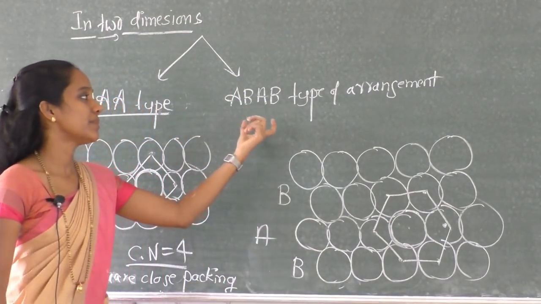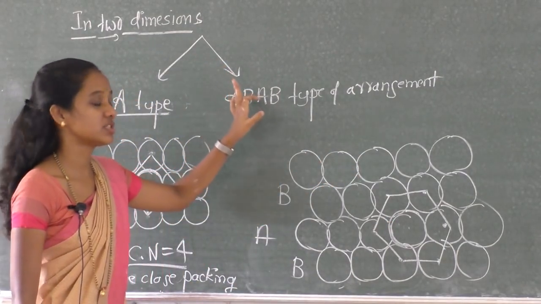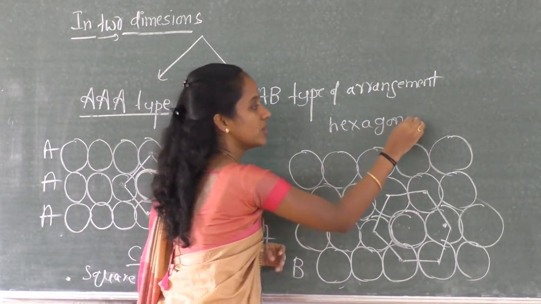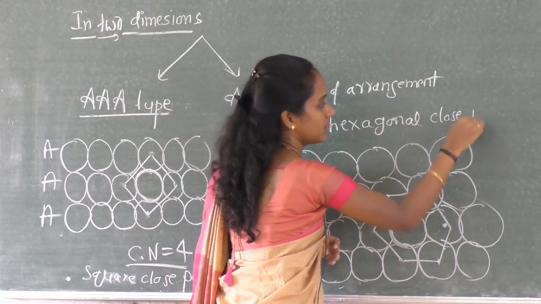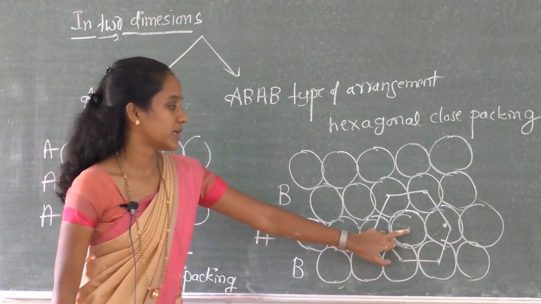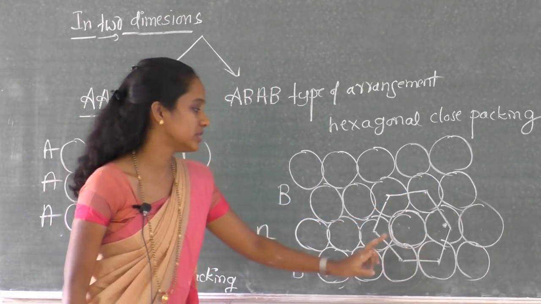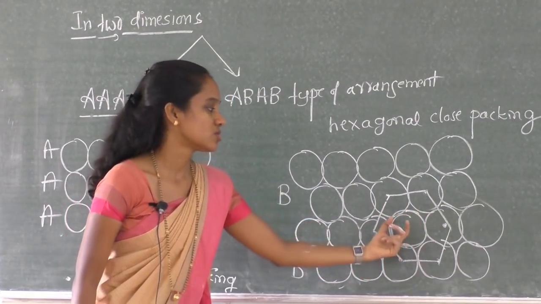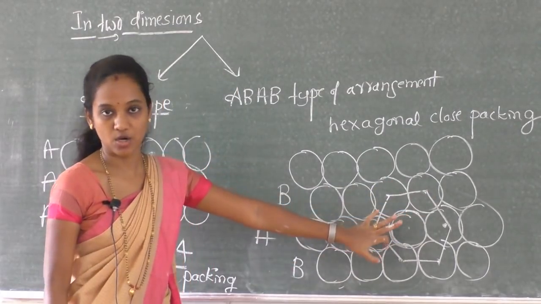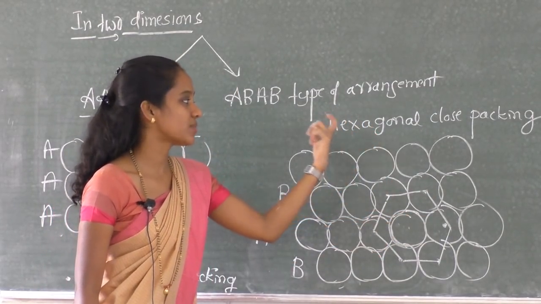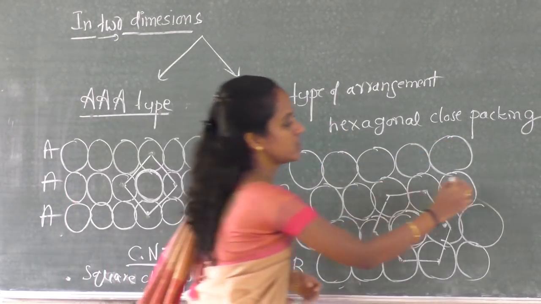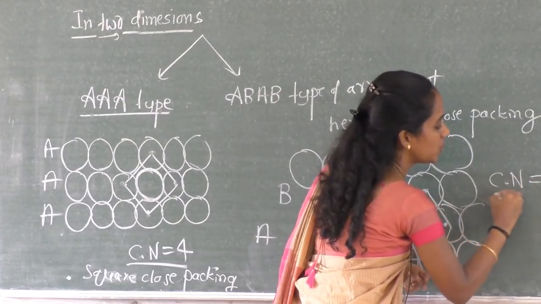Hence, AB type of arrangement in 2 dimensions is also known as hexagonal close packing, because the particle will be in contact with 6 spheres. On joining the centers of all these spheres, we get a hexagon. So here the coordination number is equal to 6.